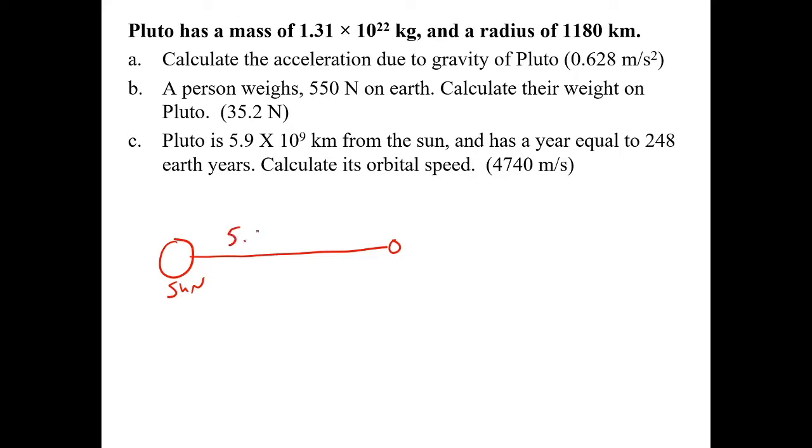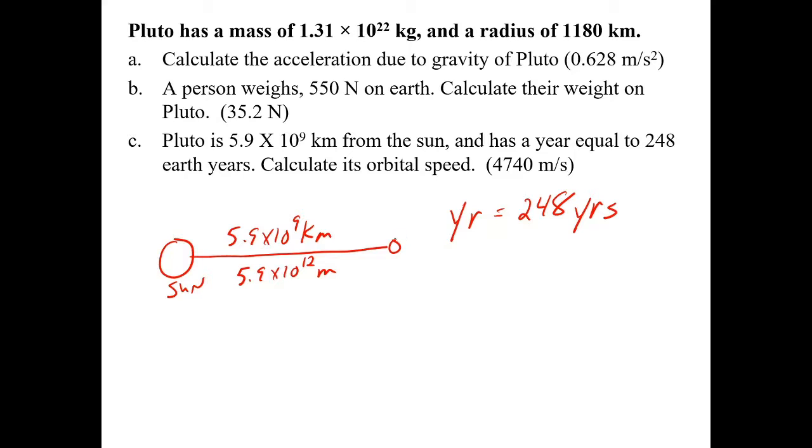So we know the distance, 5.9 times 10 to the 9th kilometers. If we multiply that by 1,000, which we're going to need to, we'll get that in meters. And its year is 248 Earth years. It's how long it takes to go around.